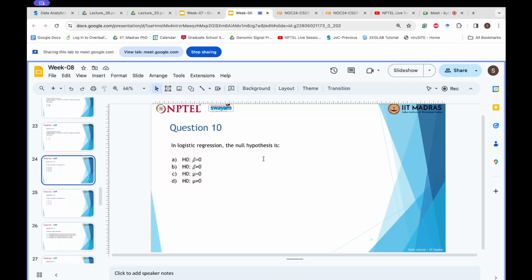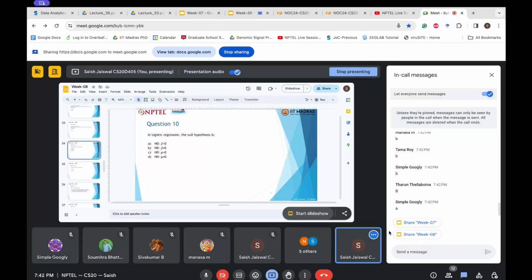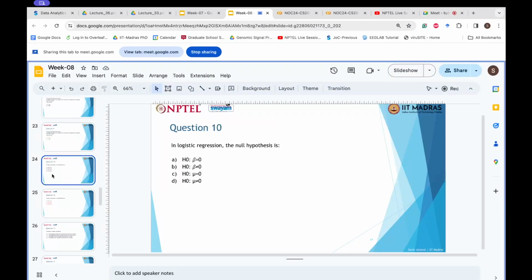In logistic regression, the null hypothesis is similar to what we do in linear regression or multiple regression. So the correct answer is H naught: beta equal to 0.